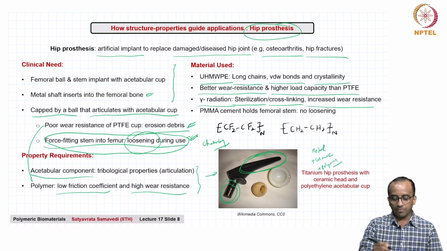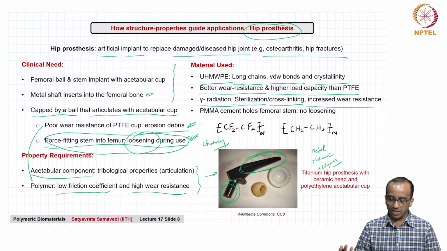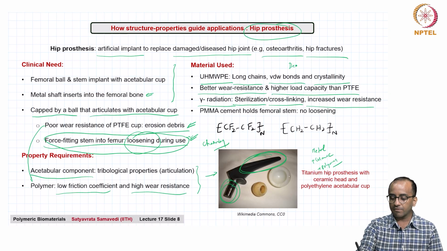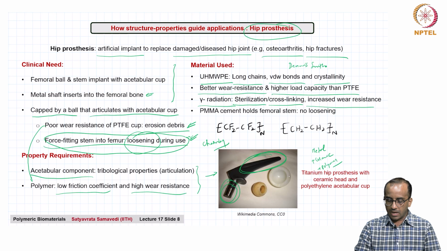The second problem for which Charnley was looking for a solution came from a chemist named Dennis Smith, who was working on dental resin composites. The story goes that Charnley went to him looking for a material, and he pitched acrylic resin based materials for holding the femoral stem in place.